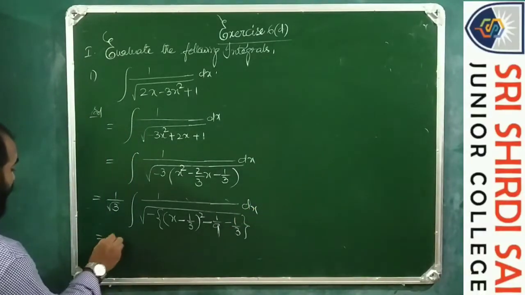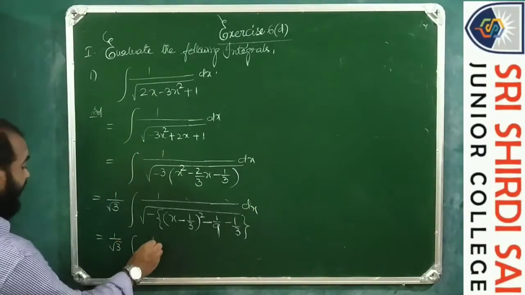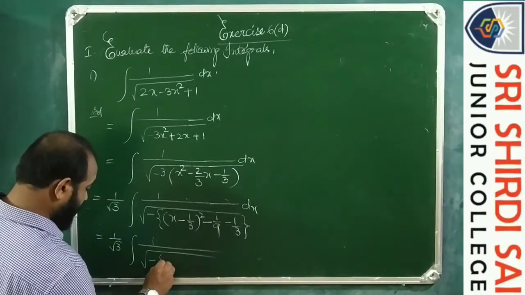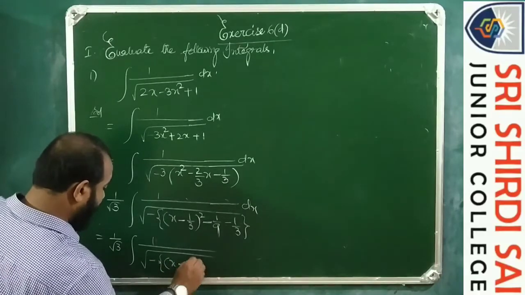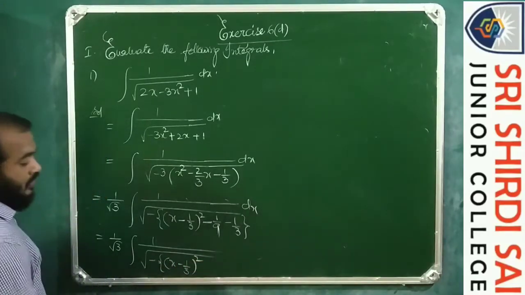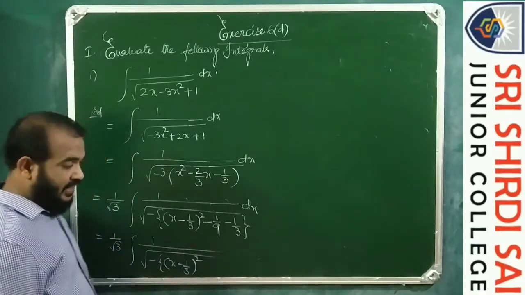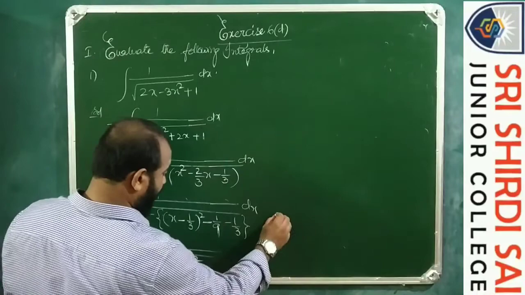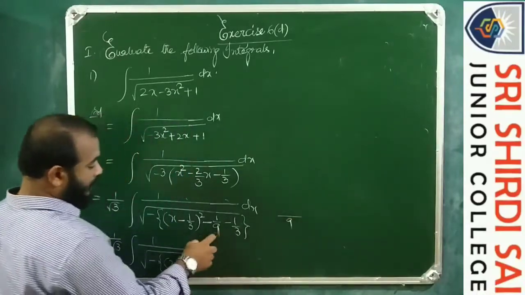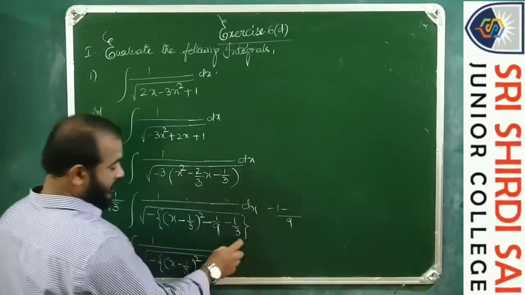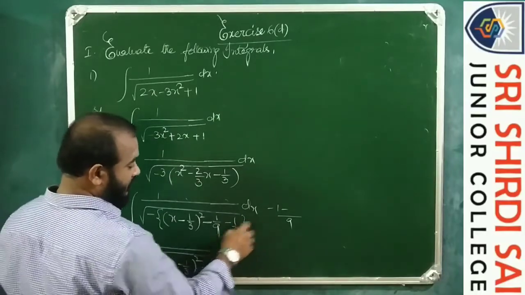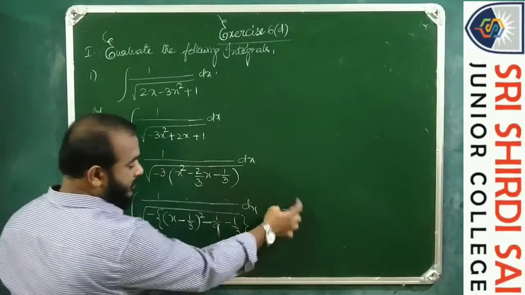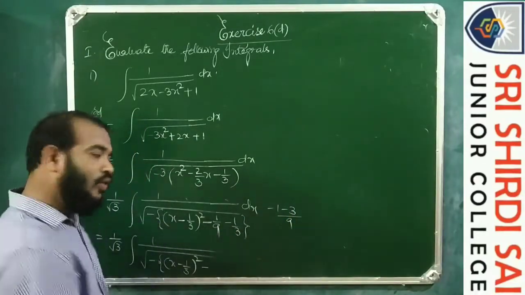So this is equal to 1 by root 3 integral square root of minus of x minus 1 by 3 whole square. 3 and 9, LCM is 9. So here minus, 9 by 9 is 1, so minus 1 minus 9 by 3 is 3, 3 ones are 3. So this is minus 4 by 9 as a whole. This minus 4 by 9 can be written as minus (2 by 3) whole square.